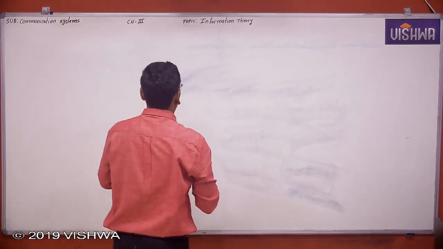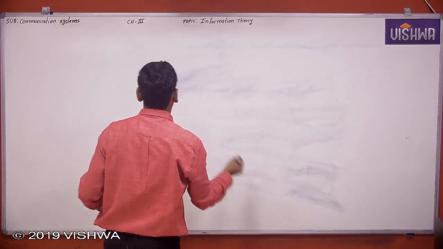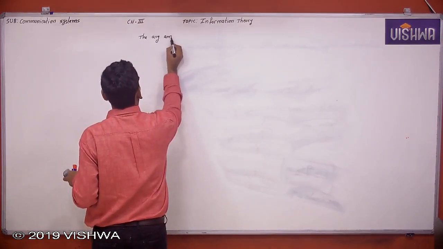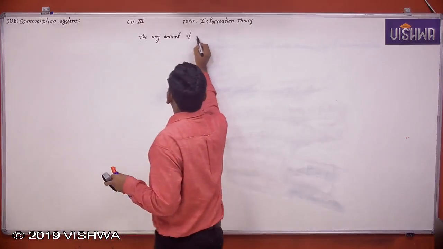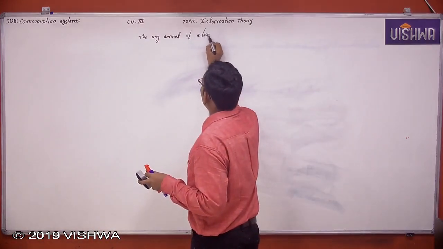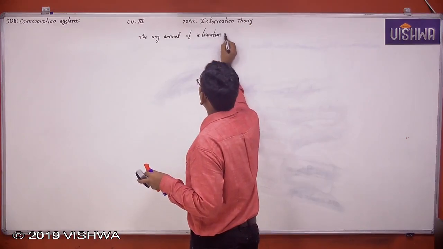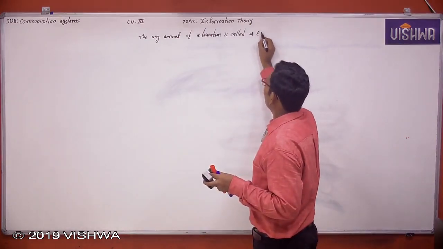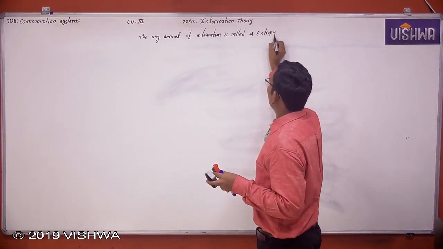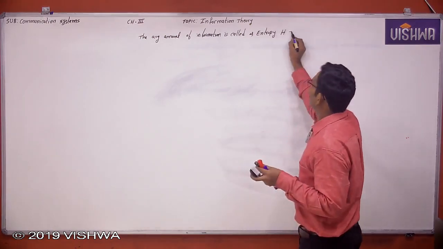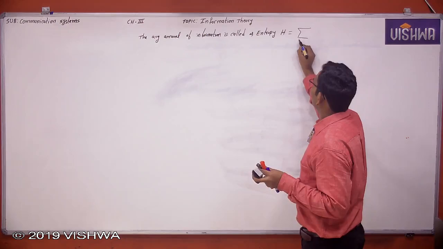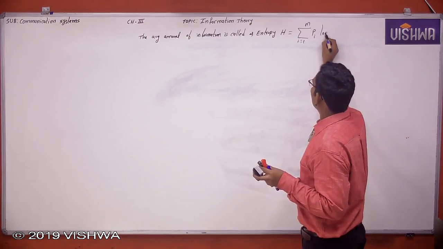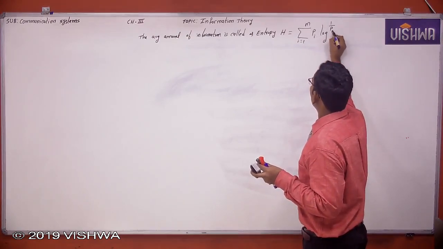The average amount of information is called entropy. The average amount of information is called entropy H, which is equal to the summation from i equals 1 to m of the probability of that event times the information, log 1 by p base 2.